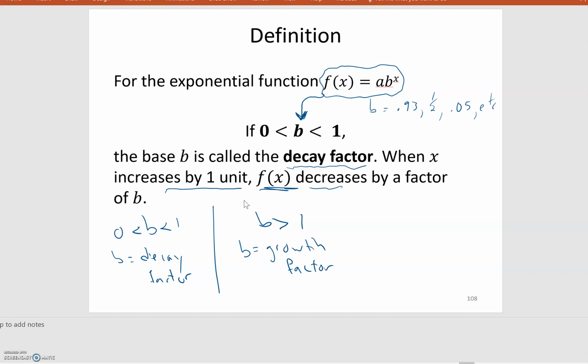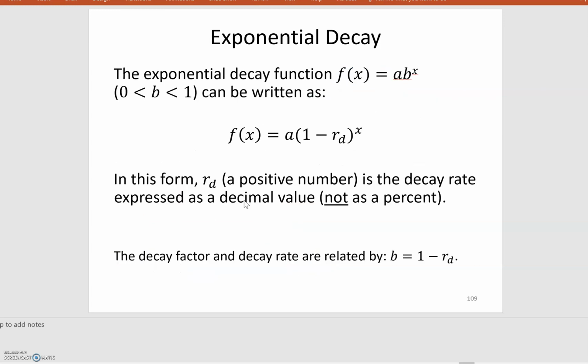So notice that I'm only talking about the factor here, and as you know from section 5.1, the very next thing that we talked about after the factor was the rate. We talked about the growth rate, and so yes, we are going to talk about a decay rate now, and this tends to be one of the areas where students get confused, and you'll see why. It's mainly notational, but let's take a look. So here's our exponential decay function written in rate form.